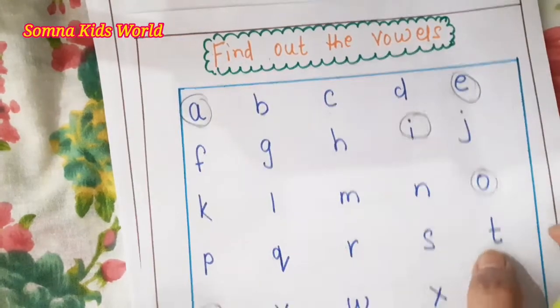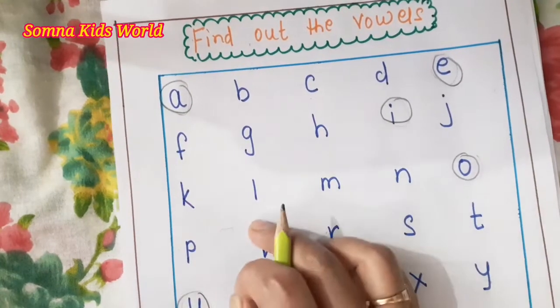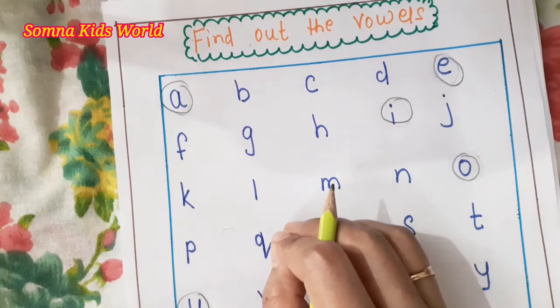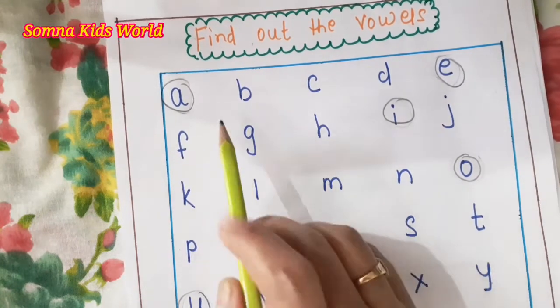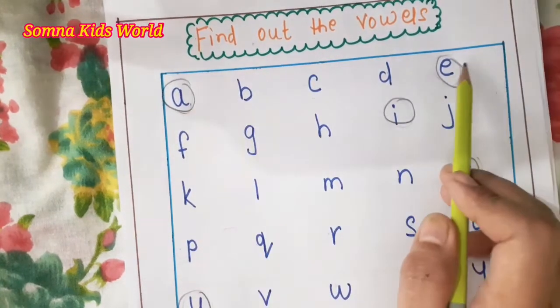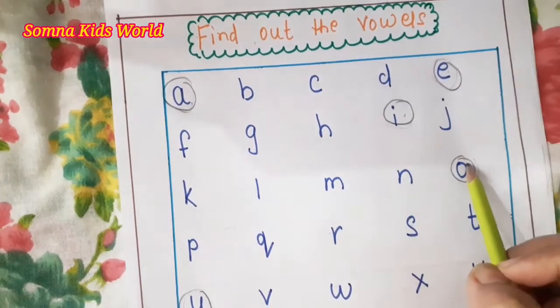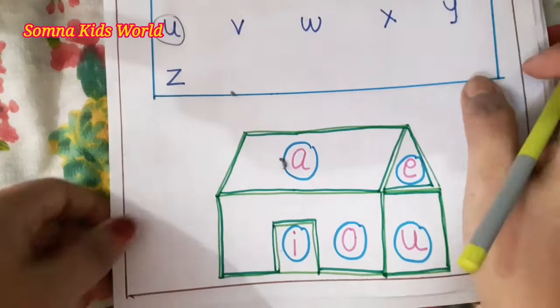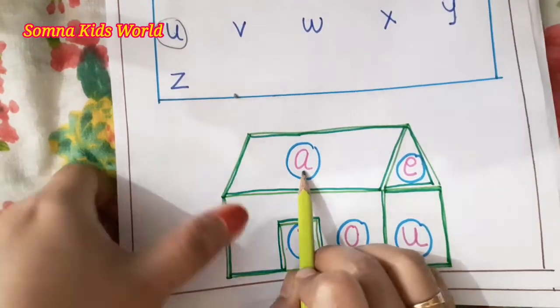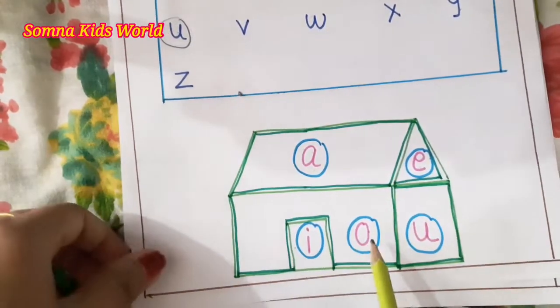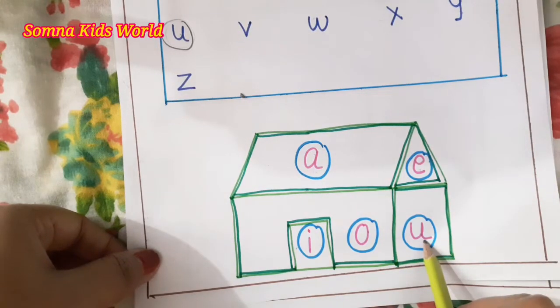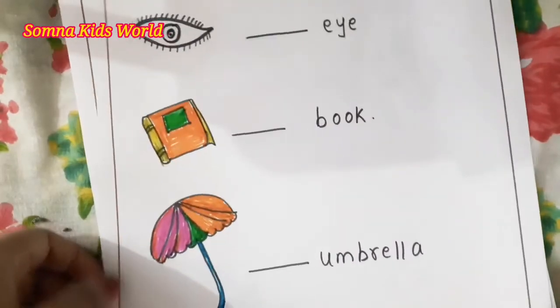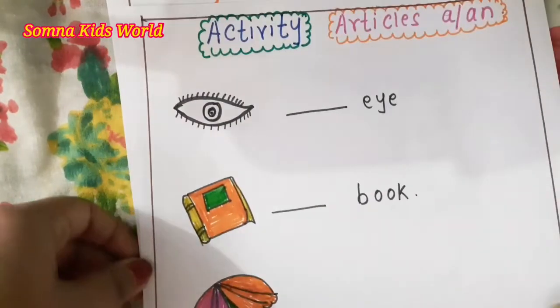And the rest, which I have not circled, are consonants. So the vowels are A, E, I, O, U. Now let us do some activity.